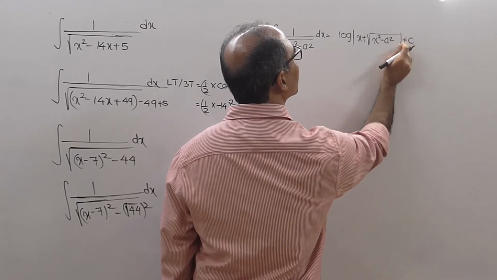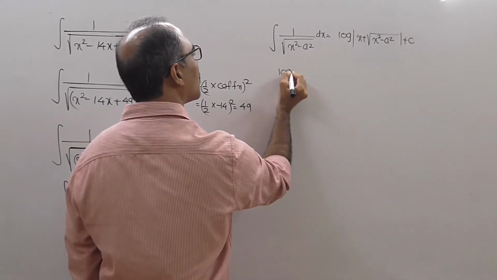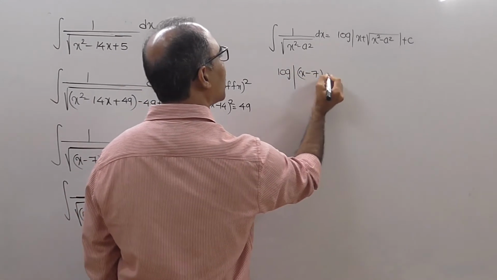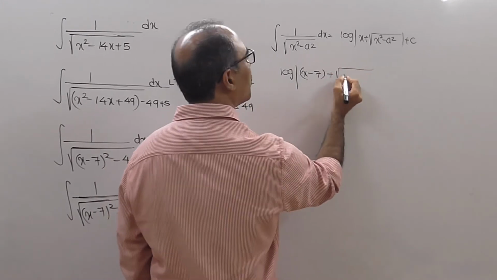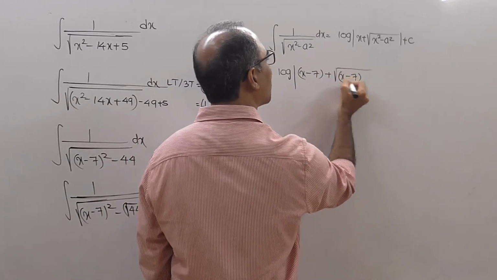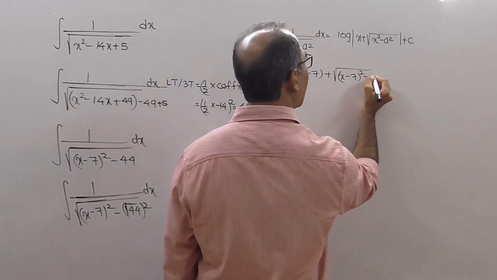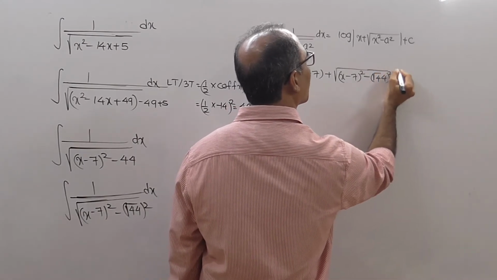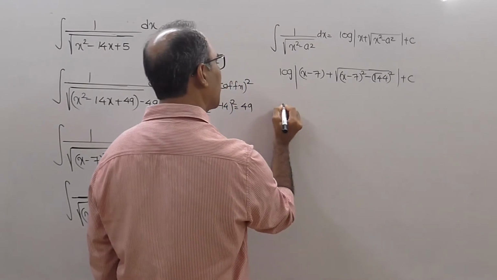That is equal to log modulus of x means x minus 7, root of x means (x minus 7) the whole square, a is root 44 the whole square, modulus close plus c.